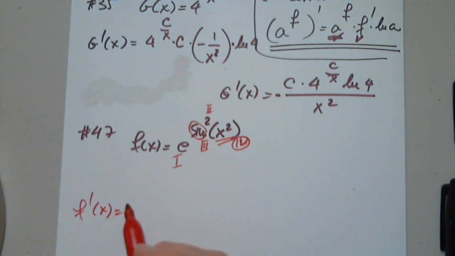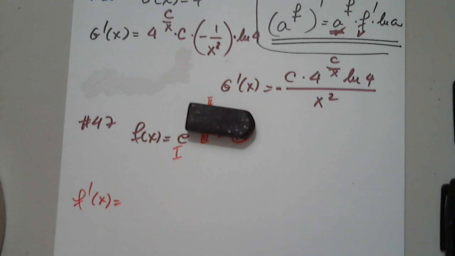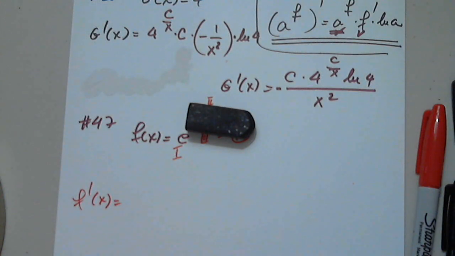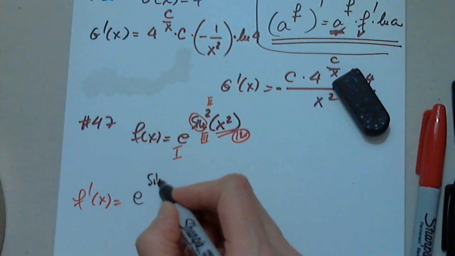F prime of x. I have to differentiate e to a function. When I differentiate e to a function, what do I have to write? The original e, e to that function.